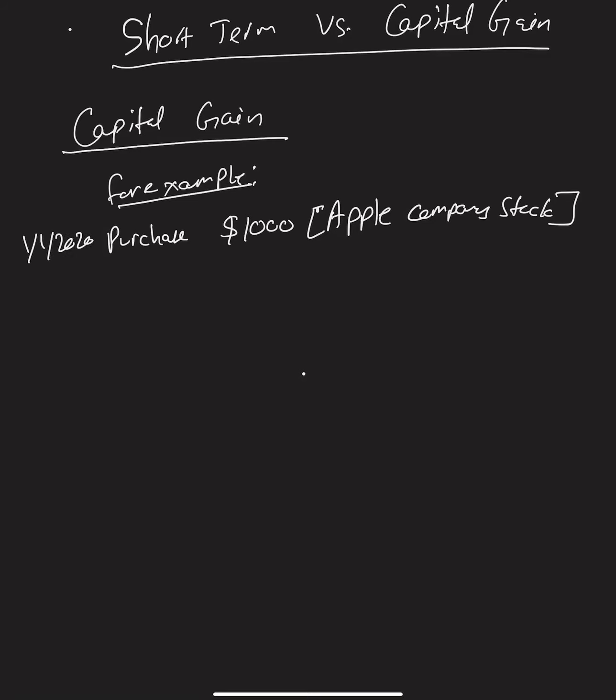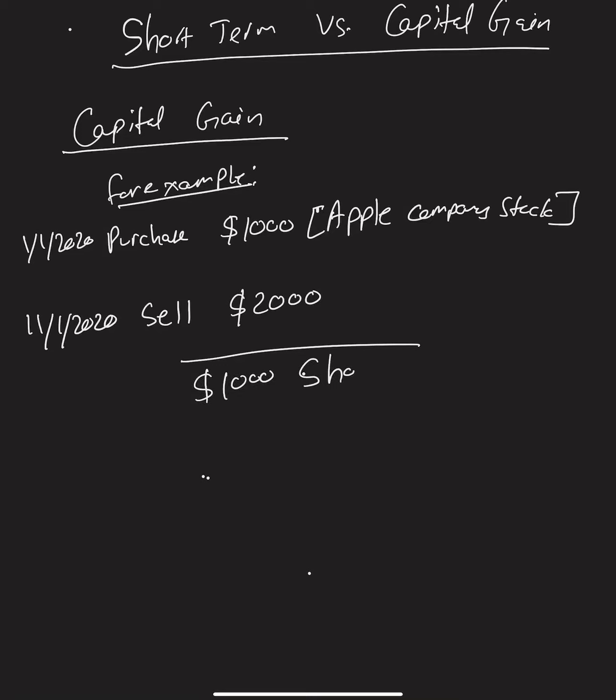Then you hold that stock for about, let's say, 11 months, and then you sell it on, let's say, November 1st, 2020 for $2,000. So in this case, you have a $1,000 short term capital gain.